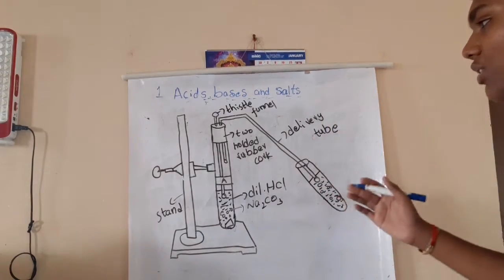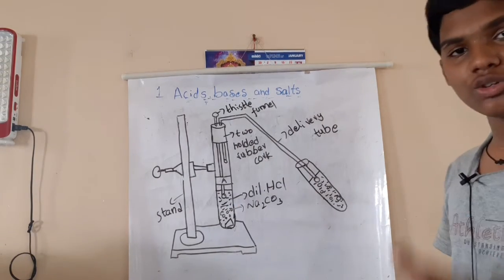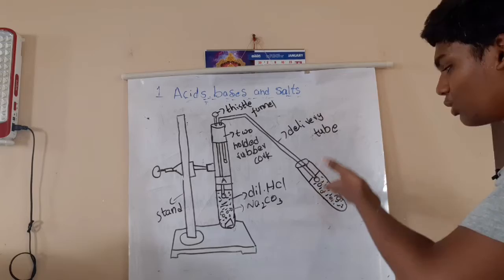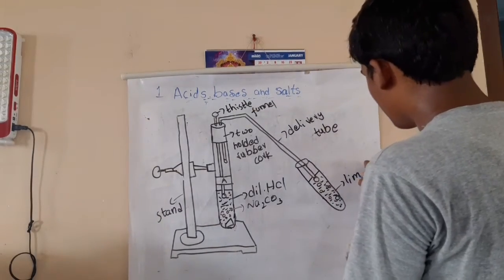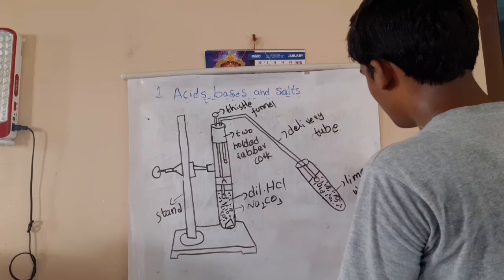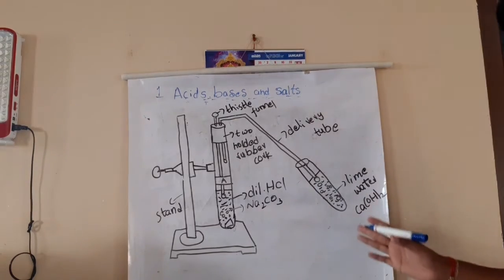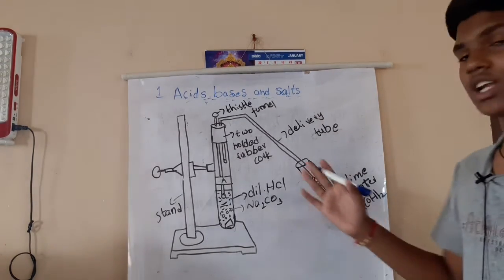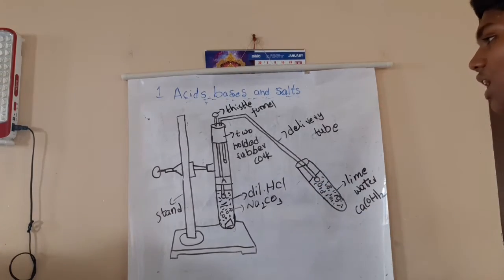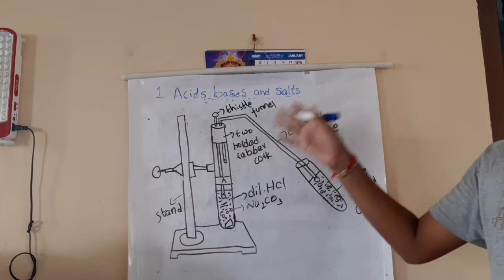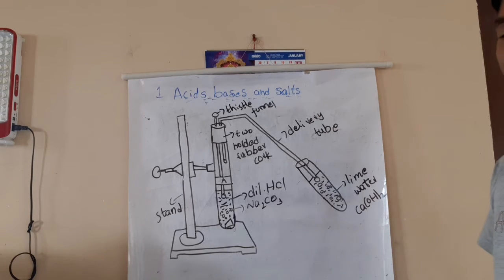One end of the delivery tube is fitted in the test tube, and the other end is fitted in a test tube which contains lime water. This is lime water, formula Ca(OH)2. Before fitting the other end of the delivery tube, take one test tube and add some lime water. One end of the delivery tube is fitted in a test tube, and the other end is in this other test tube with lime water.